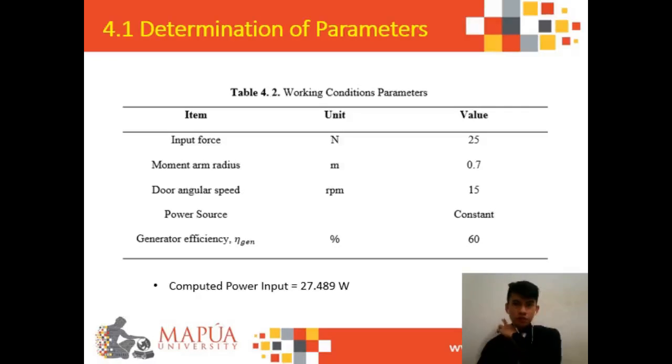From the stated conditions and the power output that was found, the power input was found to be 27.489 watts. Dimensions and parameters of the components can be found in Appendix C to Appendix J. It is important to note that the power source considered here is constant.